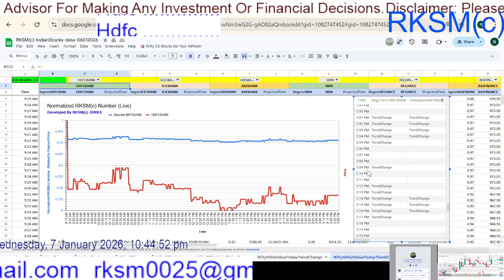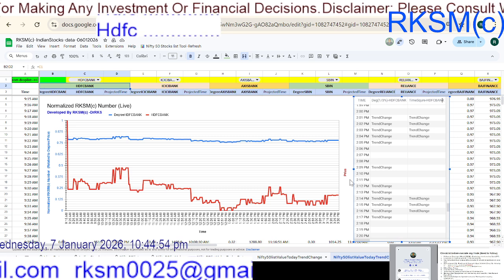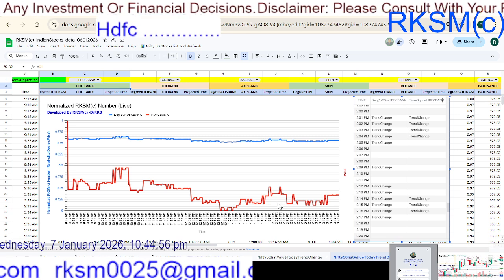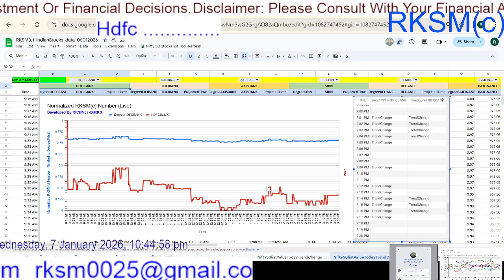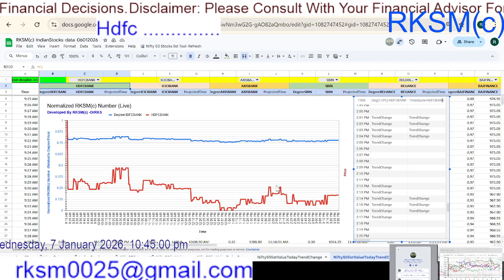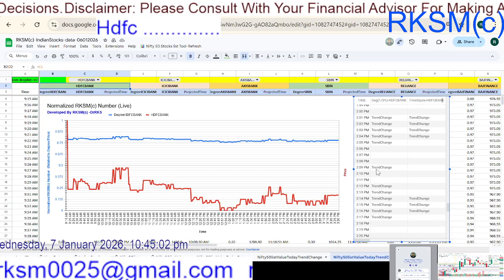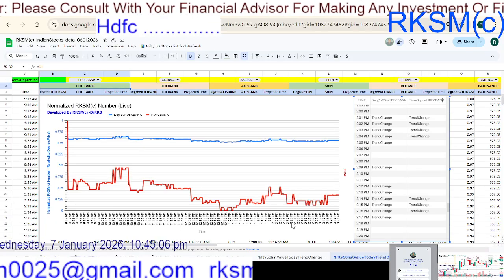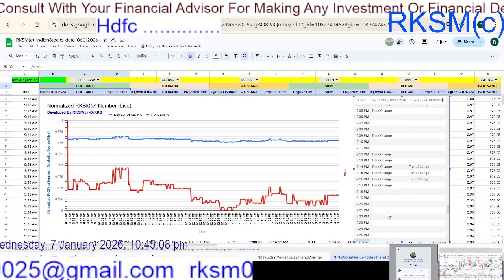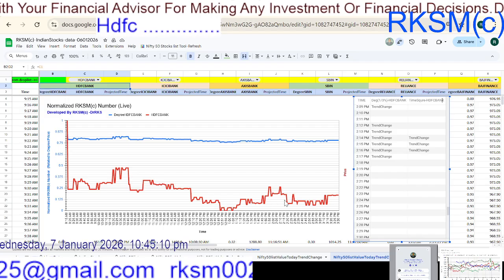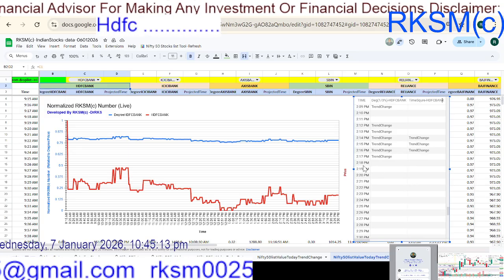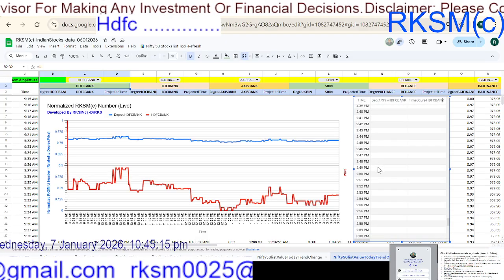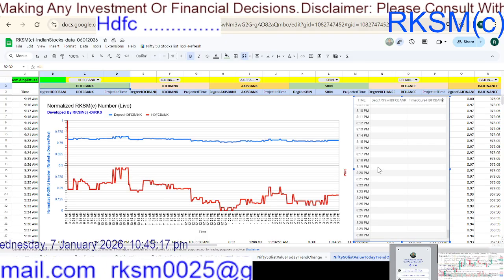Again at 2 o'clock 9 minutes we got one here. One trend change is here, one trend change is here, and again one here. After 2:08 there is no sign of reversal.